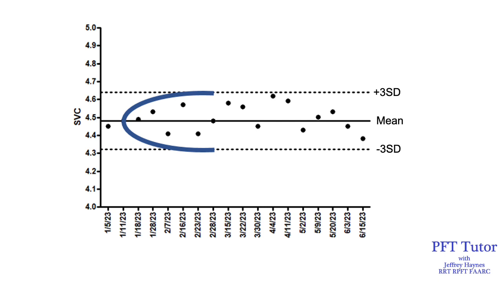If the spirometer is functioning properly, all slow vital capacity measurements should fall within the 3 SD range. If they're outside of that range, then you should suspect that something is not functioning well and do troubleshooting. So when we look at a Levey-Jennings chart, the way to conceptualize this is to think of that bell curve as basically turned on its side, as shown by the blue bell curve here.